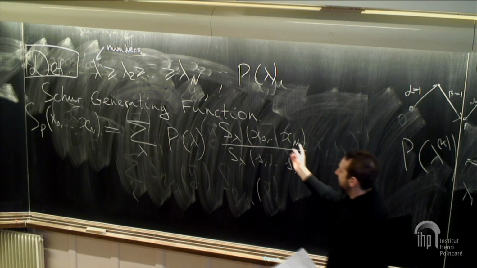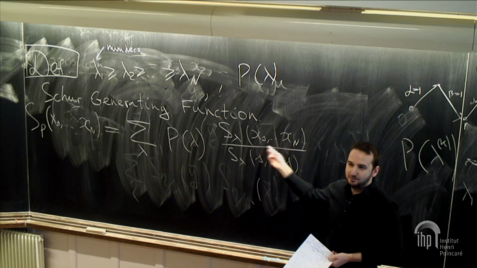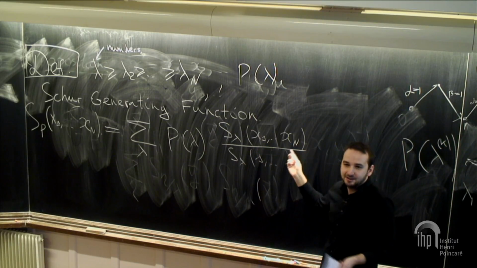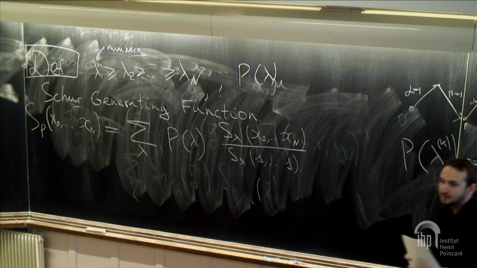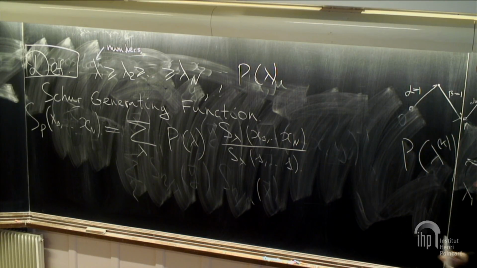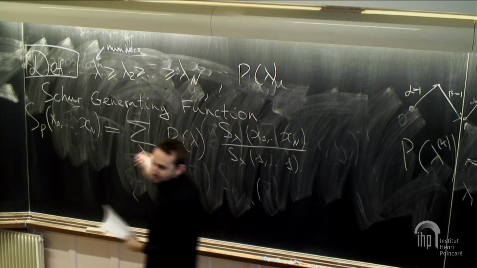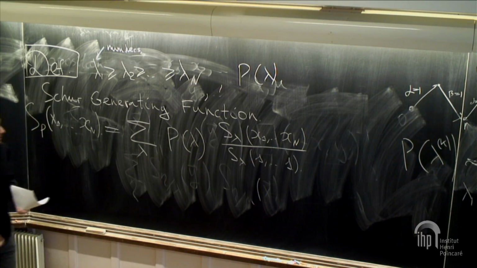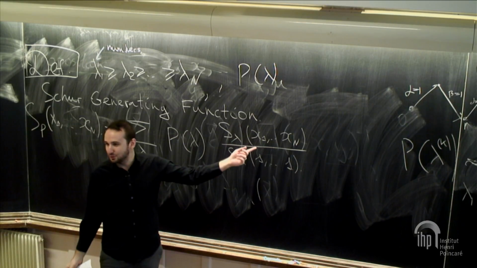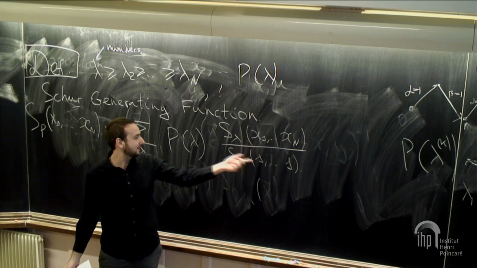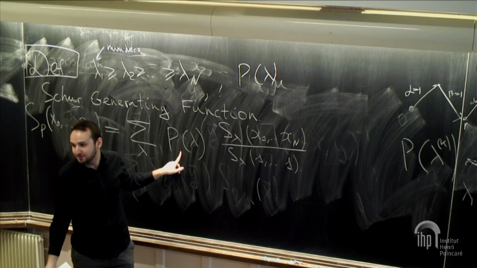OK, first, you are summing symmetric functions in the variables x1 to xn. So the result is, again, a symmetric function in n variables. That's the first observation. Another observation is, what can we say about convergence of this series? First, a simple claim. If all x's are equal to 1, then it is the sum of all the p of lambda, which is 1.